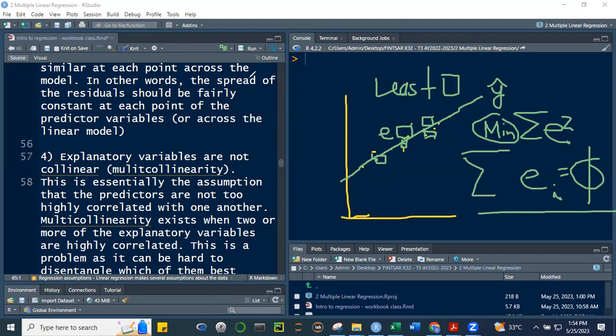Okay, let me pause, class. Is this the explanation you got before? I hope it's clear, or is this something new to you? Could you please chat if yes, we already know this, or no, this is something new for you, the squared residuals.